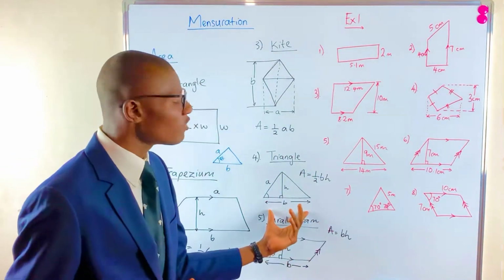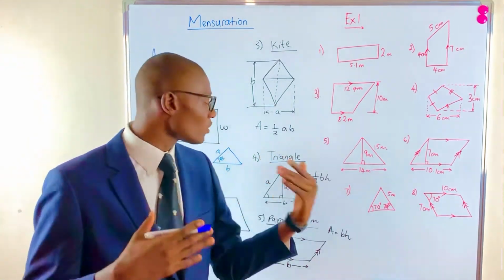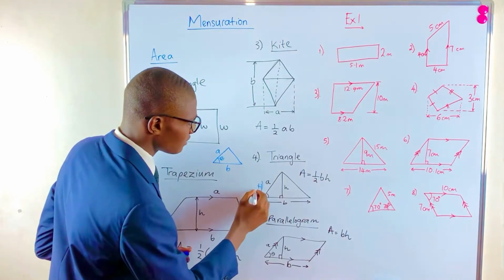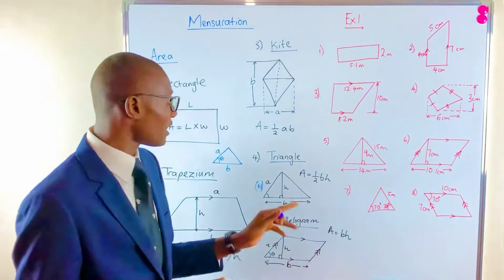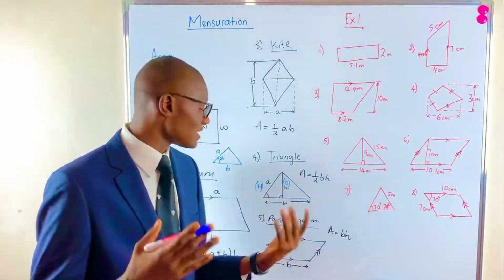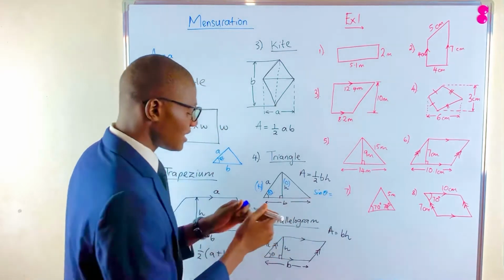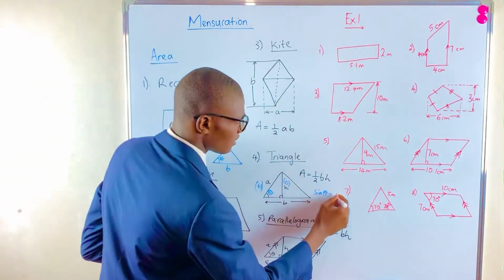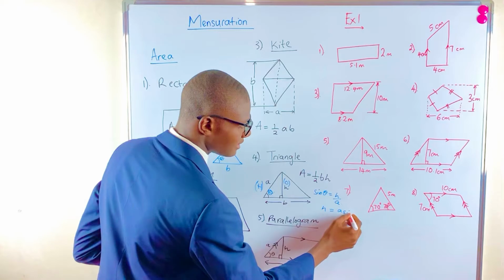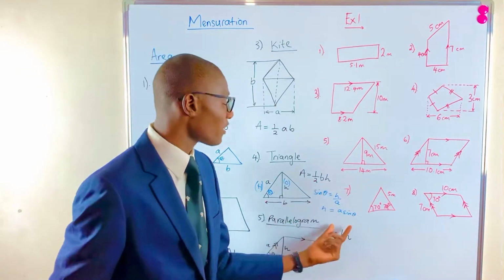So what we need to do is express this height in terms of A. From the knowledge of our trigonometry, we know that this being the longest side is the hypotenuse, and this being the opposite side, we can use the sine ratio, whereby sine theta is given by the opposite side h over the hypotenuse side a, such that h in terms of a would be a sine theta.